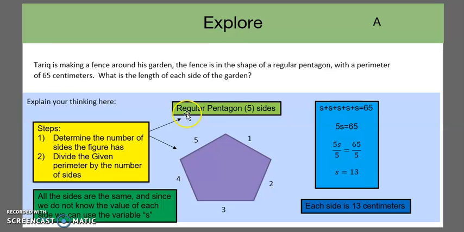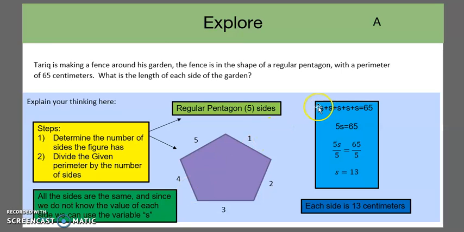Okay, when looking at this figure, we're dealing with a regular pentagon, which means it has 5 sides. Because it's regular, each of the sides is the same. When we set up our math problem, we're going to add 5 s's, using s because we don't know each value, but we do know the whole perimeter is 65 centimeters.